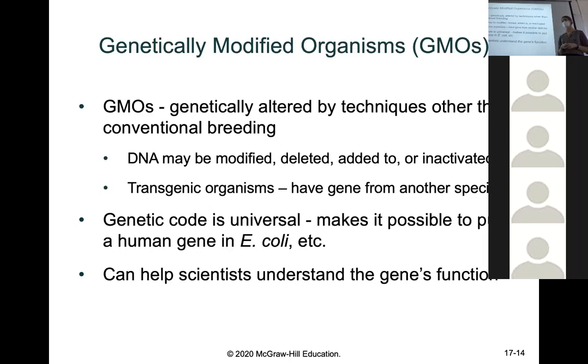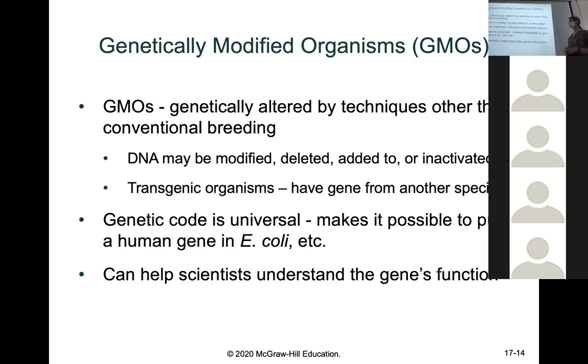GMOs are more pointed, I guess. That doesn't involve breeding. It involves some kind of molecular alteration of the genome. So DNA can be modified, changed somehow. It can be deleted, can be added to, or you can inactivate genes. So GMOs include a bunch of different aspects.